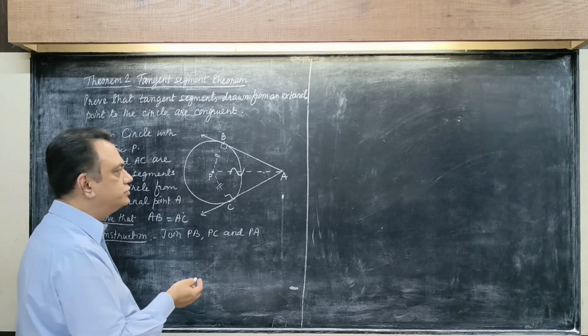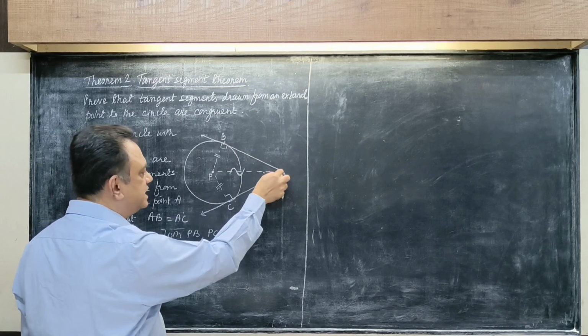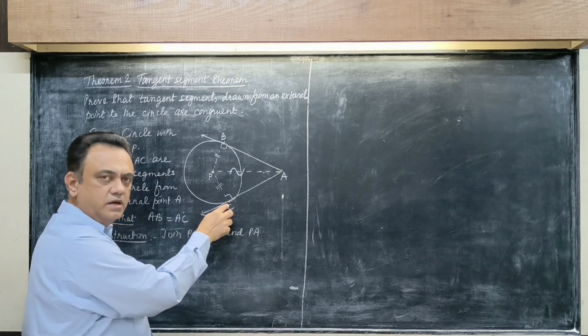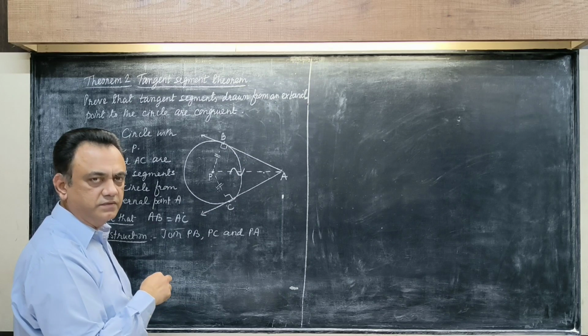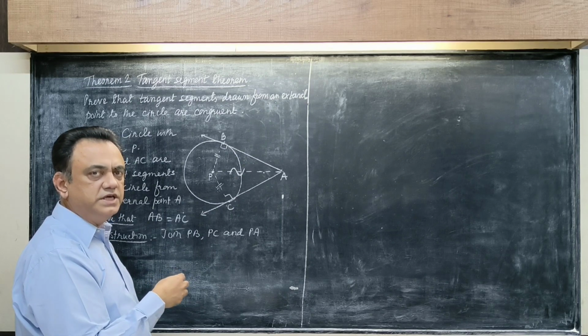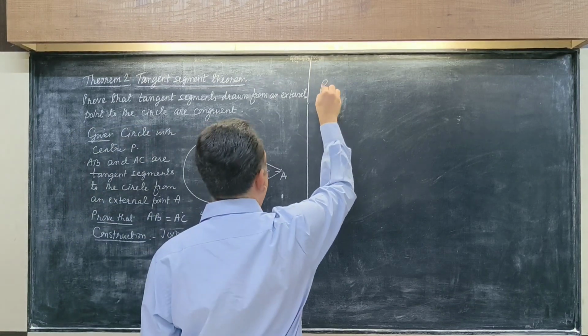And when we say the two triangles are congruent, we can say that AB is equal to AC, corresponding sides of congruent triangles. In short form, we write CSCT. Let's write it down.